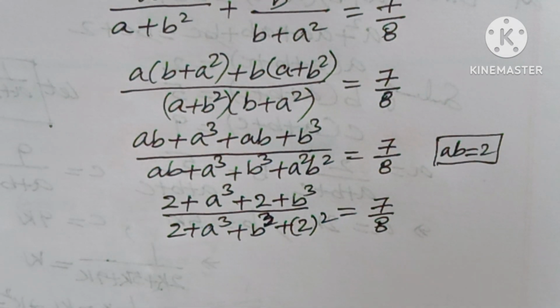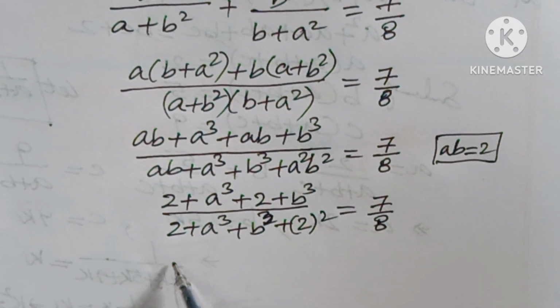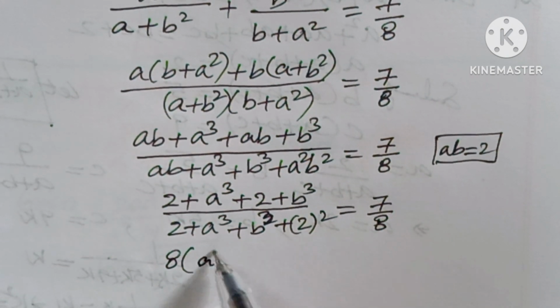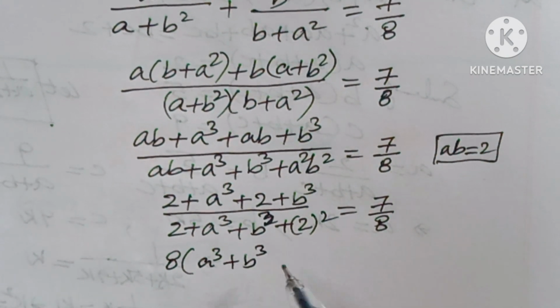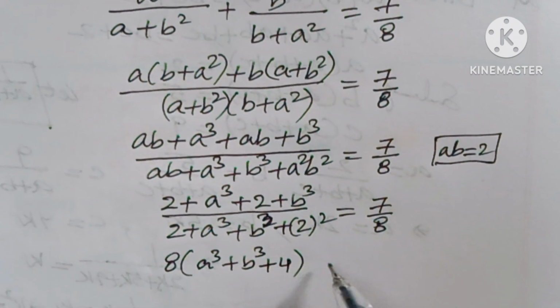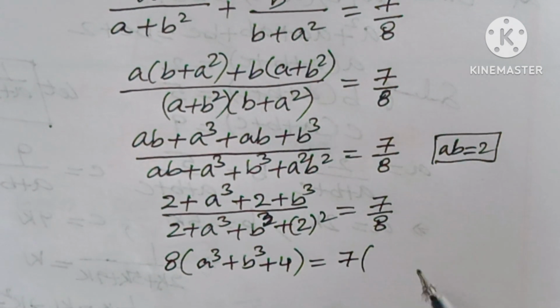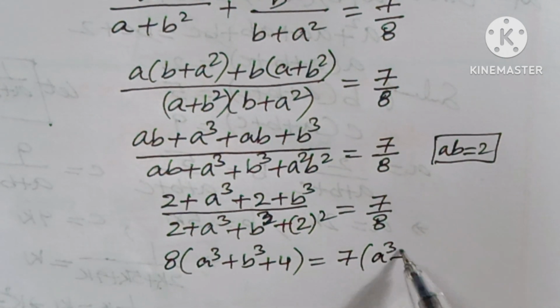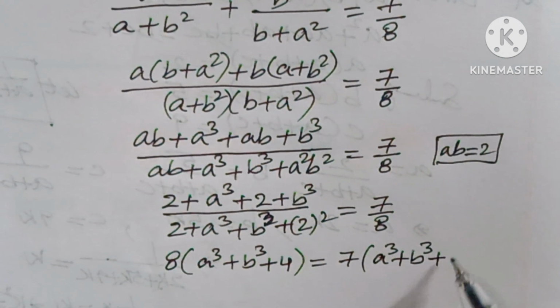So here, if you cross multiply, 8 into (a³ + b³ + 4) is equal to 7 into (a³ + b³ + 6) you'll get.